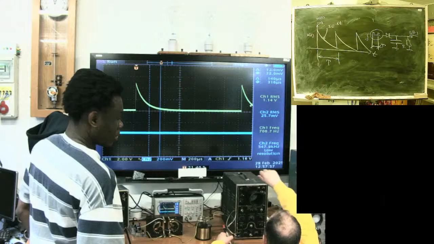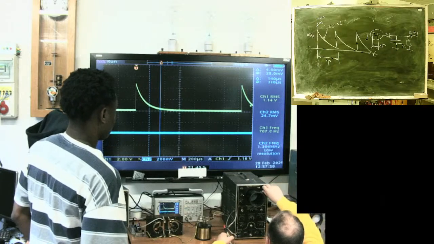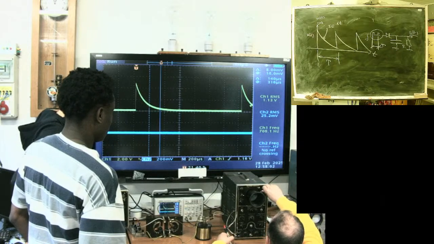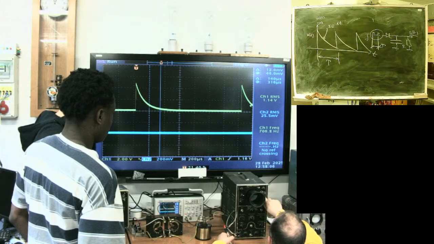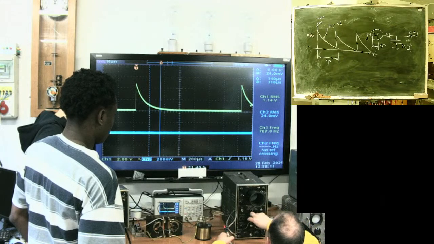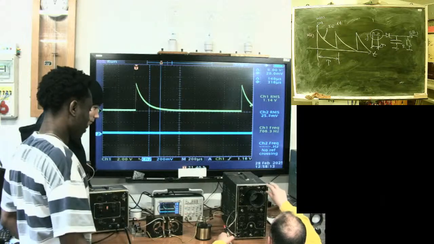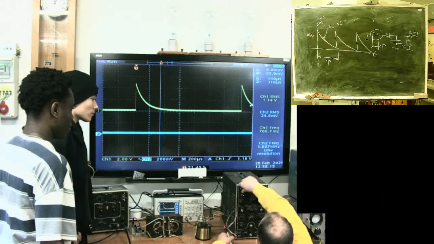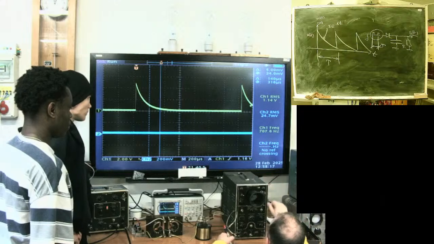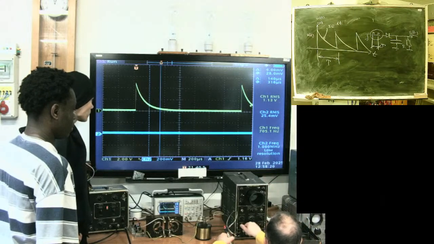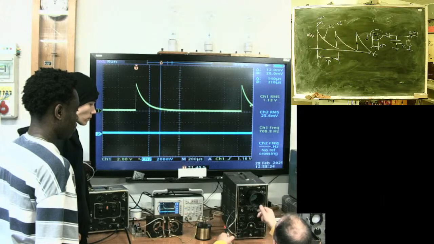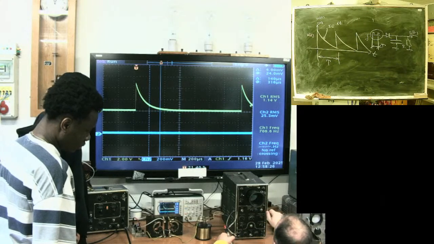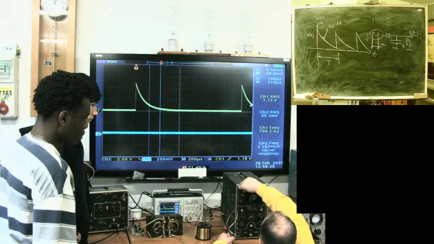Here is my pulse. Here they are. Everything nice except one problem. Here they are so tiny.